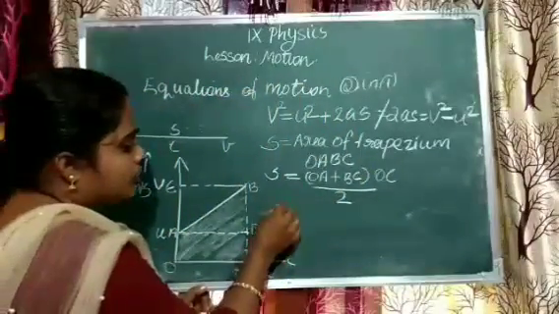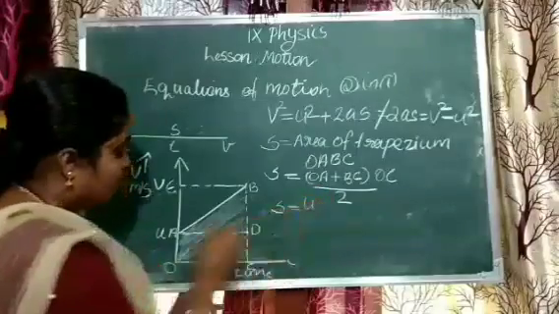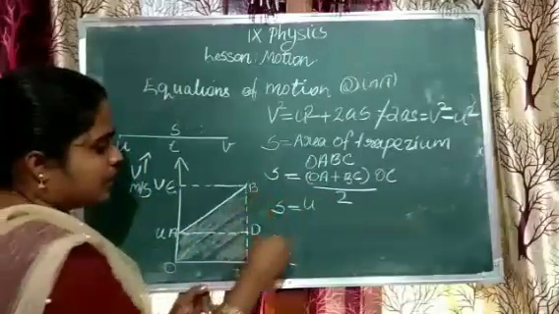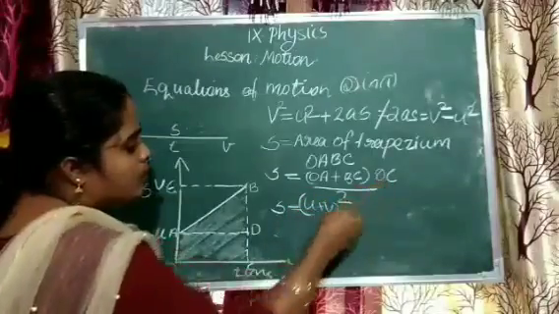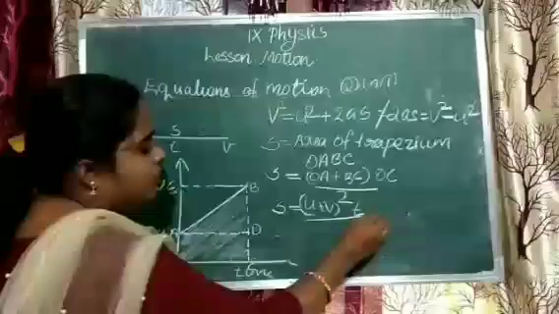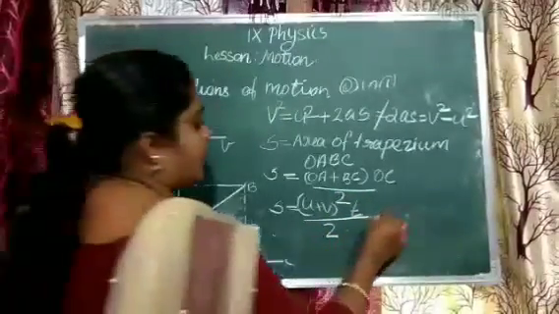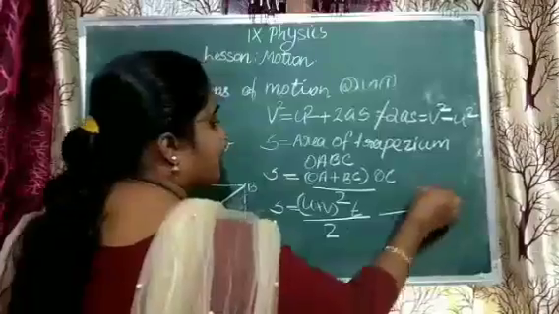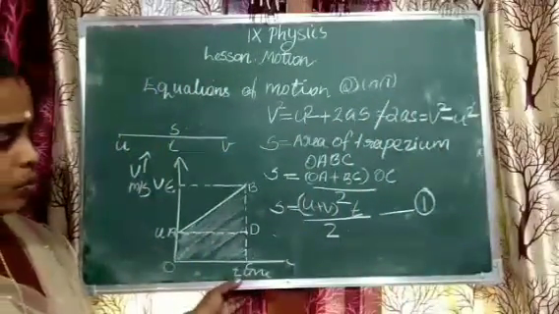Then substitute S is equal to, what is OA? OA means U. What is BC? U plus V, into what is OC? OC is the time axis, the whole divided by 2. Okay, so here we can consider this is equation number 1.